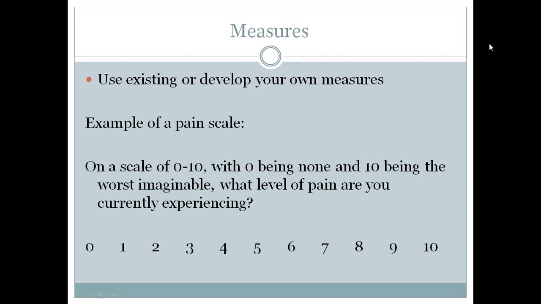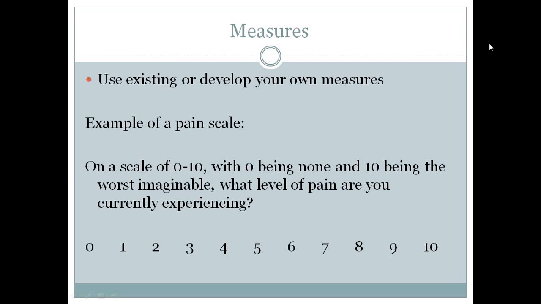I had said in here when I was making my presentation that you can develop your own measure, a simple one like a pain scale, for example, which I have here. But after seeing that database that she talked about, it really makes sense to use an existing measure if you can. And if you watch her webinar, she'll go into more detail about that.